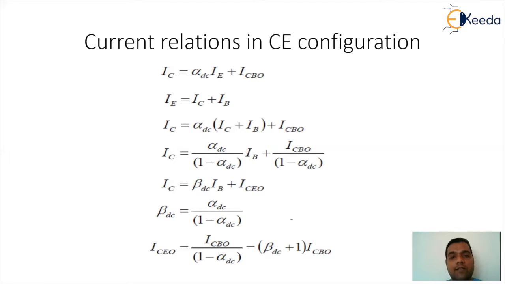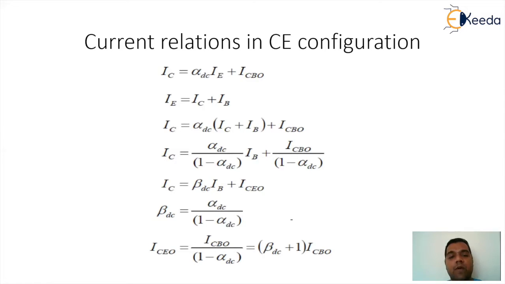This rule is predefined for all the configurations. With that logic, we have the freedom to use the current equation of one configuration for the other configuration, because the current equations are designed with respect to the internal operation of the device. Since the internal operation remains the same, we are easily able to use the current relation.